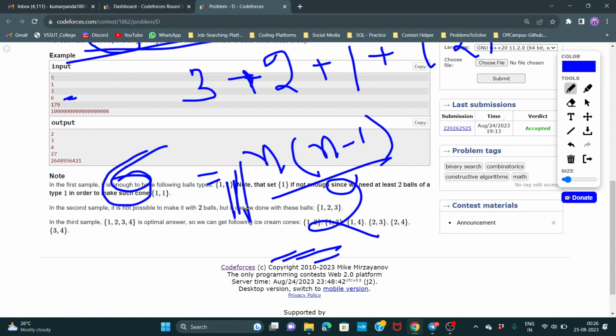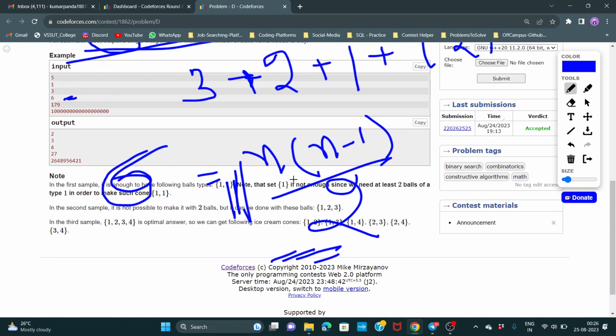So at first we just try to take as many distinct values as possible, and if we require, then we'll take duplicate values, because we will need the duplicate values in future.